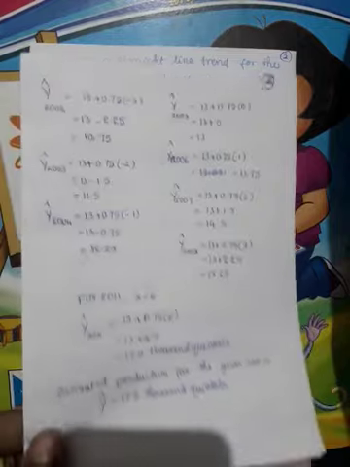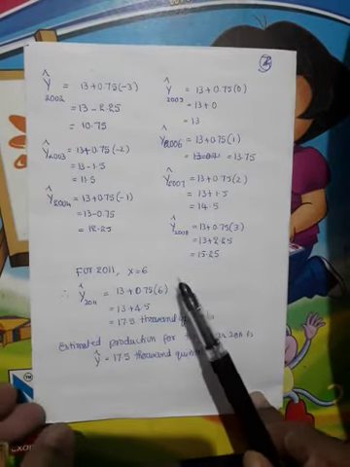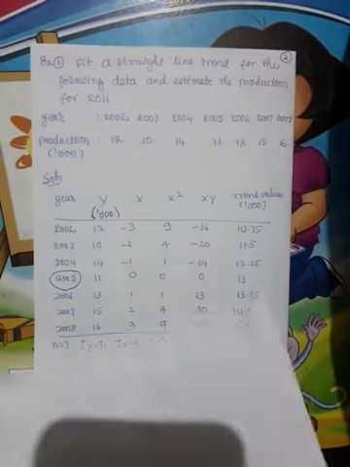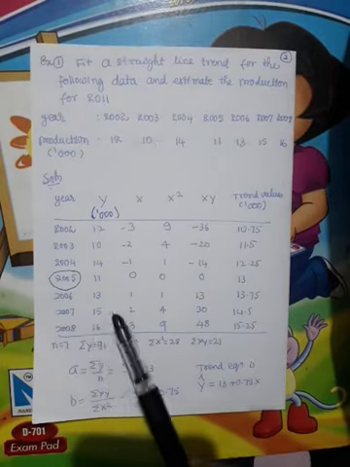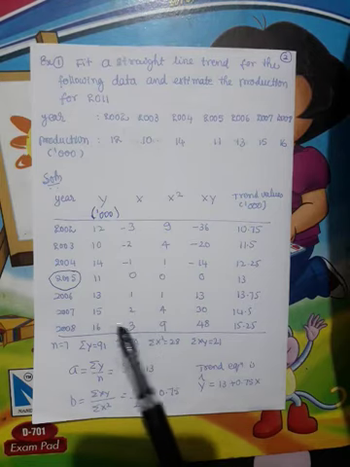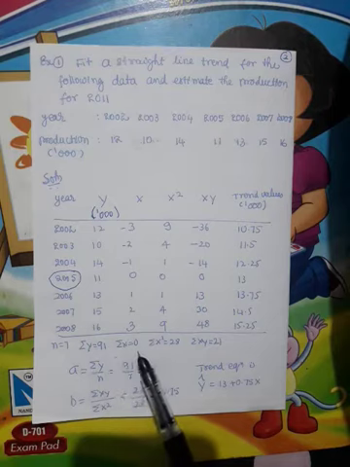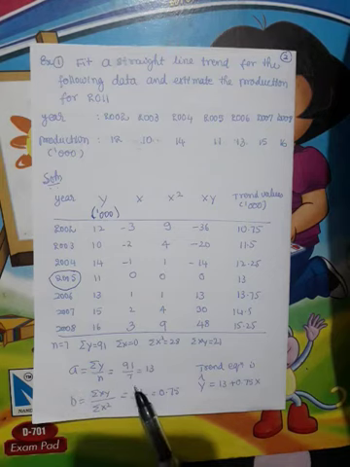You see, for 2011, we have to obtain x is equal to 6. You see, for 2005, 0, 2006, 1, 2007, 2, 2008, 3, 2009, 4, 2010, 5, 2011, 6.